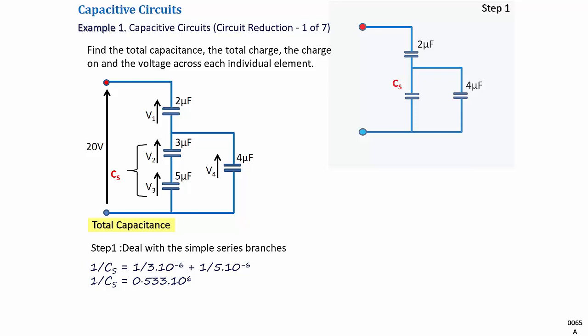This is the reciprocal of CS. So CS equals 1 divided by 0.533 times 10 to the power 6, which equals 1.88 microfarads.